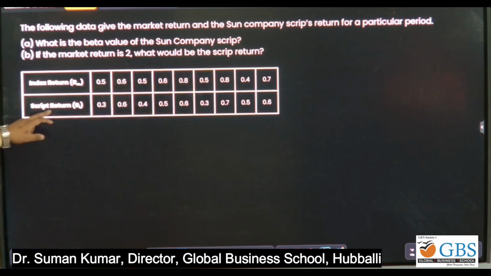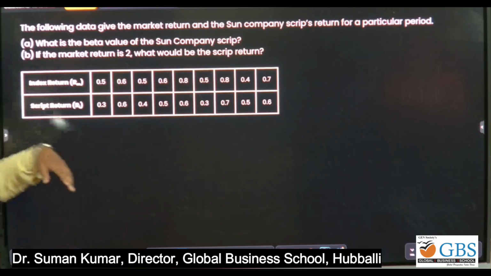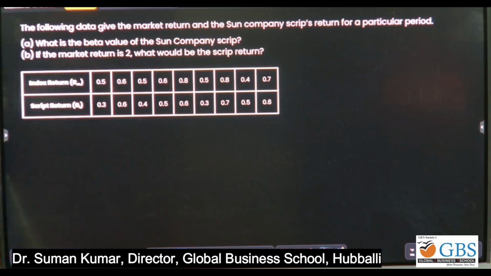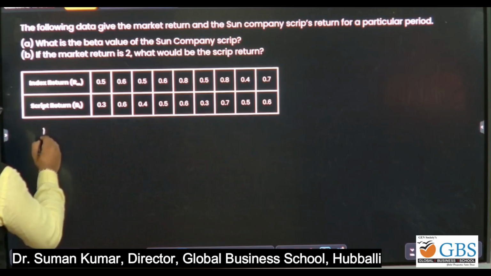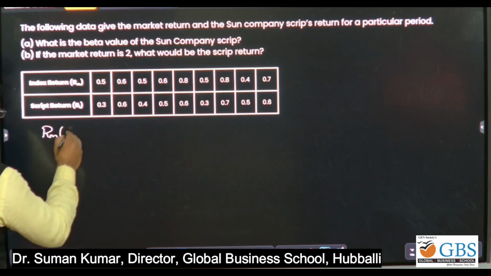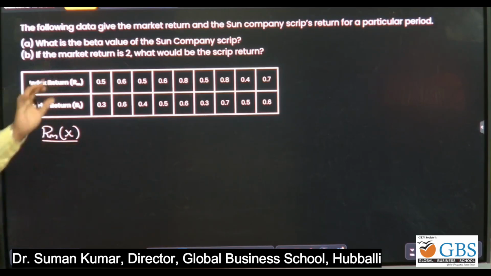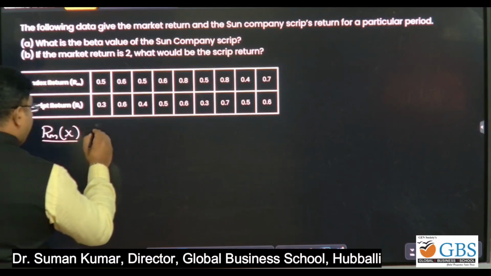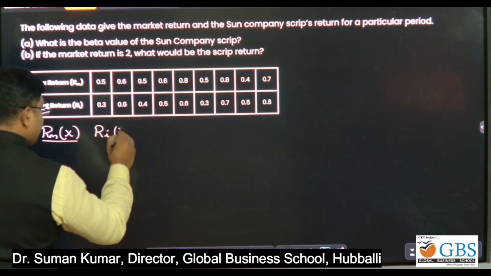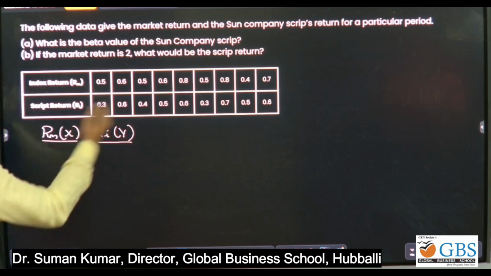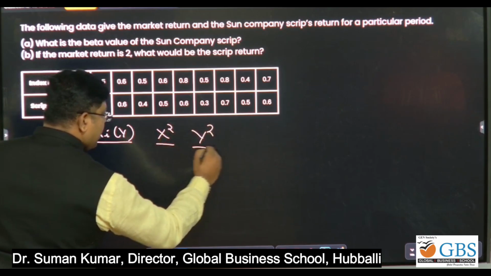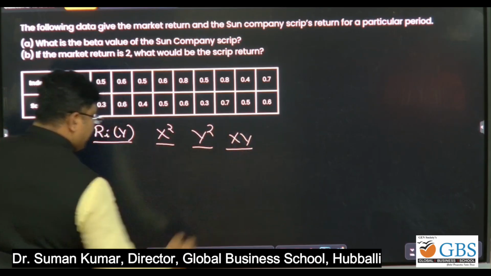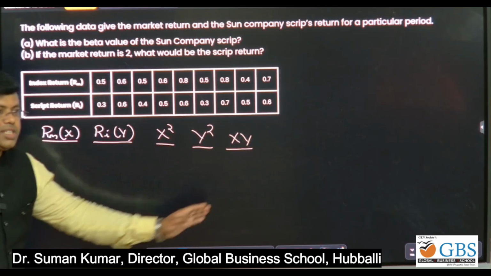So that should be y, because it is dependent on the index. Please try to understand: always Rm is x. Then Ri is y. Then x square, y square, x into y. Can you find these out?